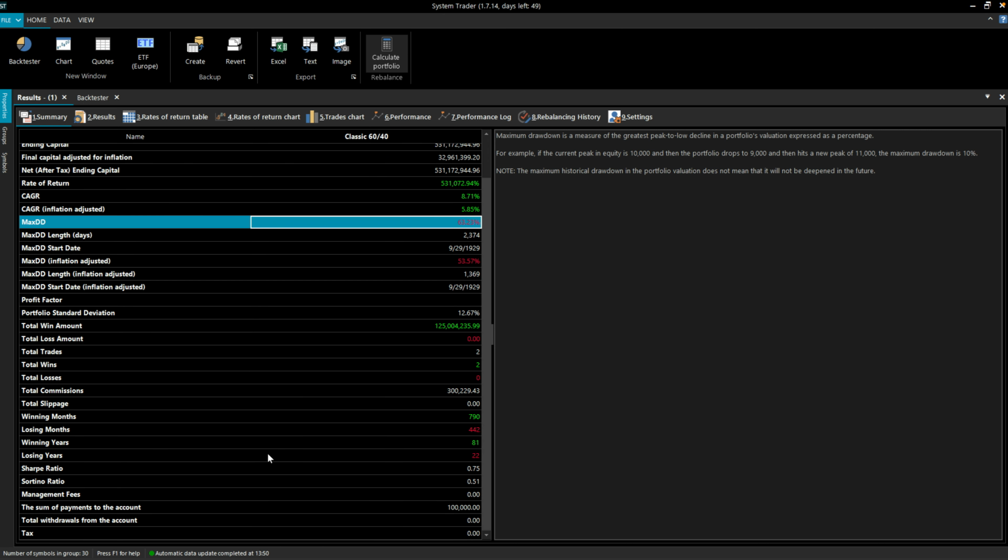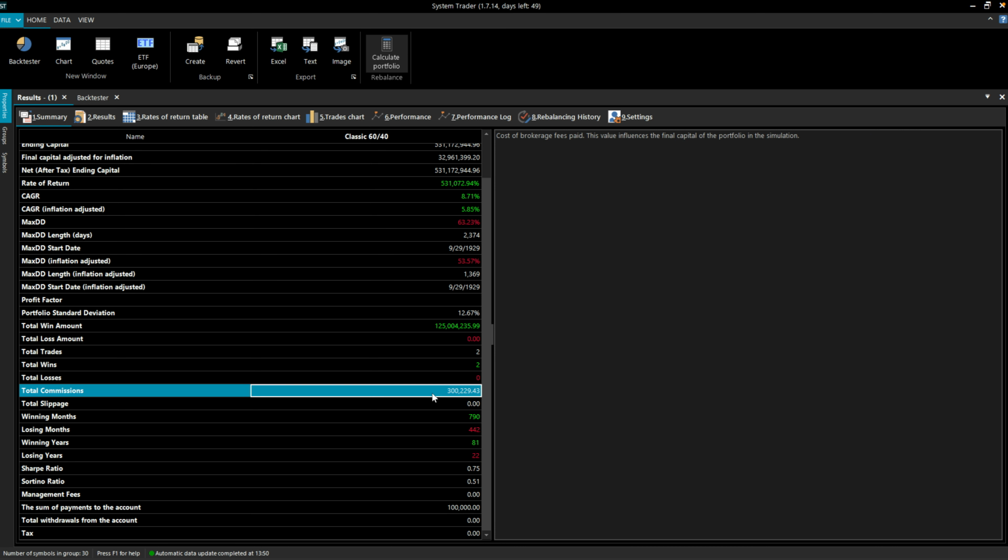Other important metrics here are, for example, total commissions. You can see that we had to pay over $300,000 in commissions. It's a lot, but on the other hand, remember that the nominal value of the portfolio was over $500 million, which is not that bad if you convert that into percentage terms.